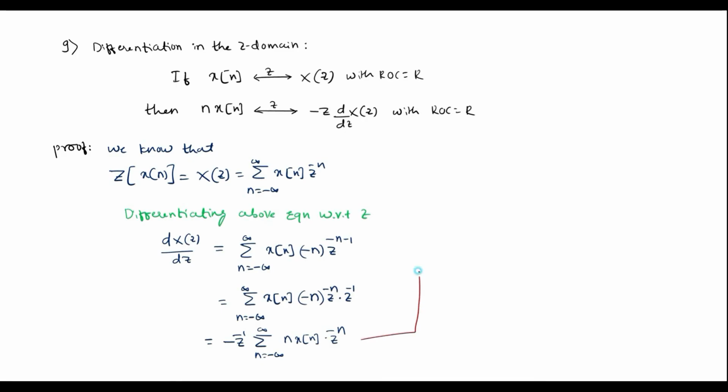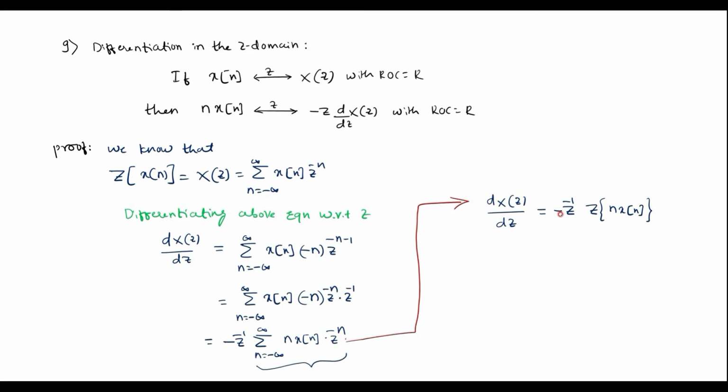Further I can simplify it as, on the LHS we have differentiation of x of z with respect to z equal to minus z inverse times this term, which is nothing but the z transform of n x of n.